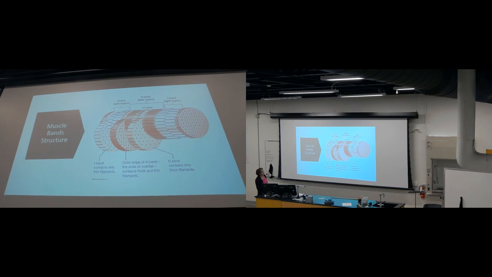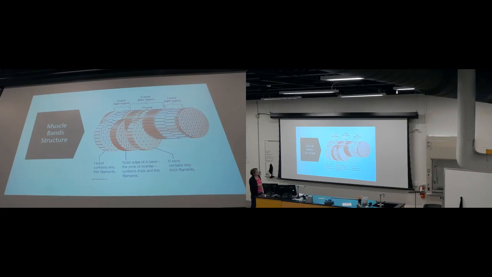And then in the A band, or the dark region, it depends on where you make the cut what you will have. Like if you cut this A band next to the I band, you will have both actin and myosin. So actin is represented in blue color, while myosin is represented in red color.